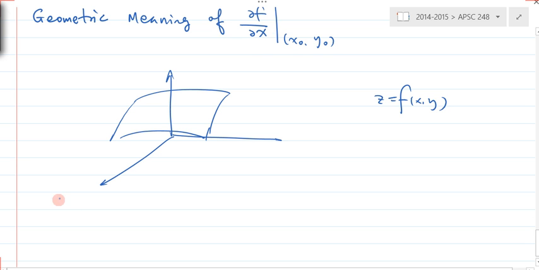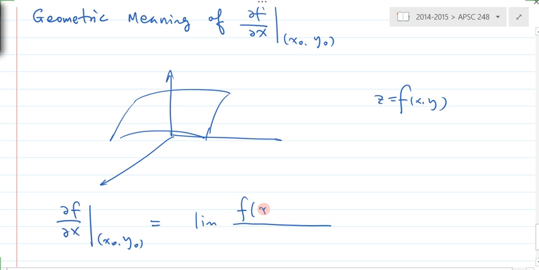If I use my definition for the partial derivative, what do we have? We have the limit. It used to be x, but this is x naught now, increased by delta x, and y naught.